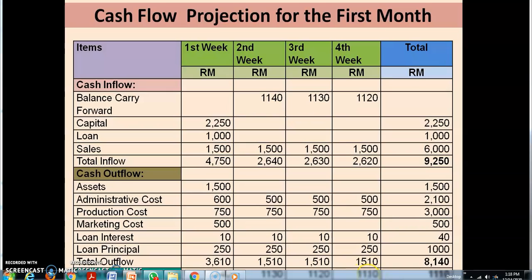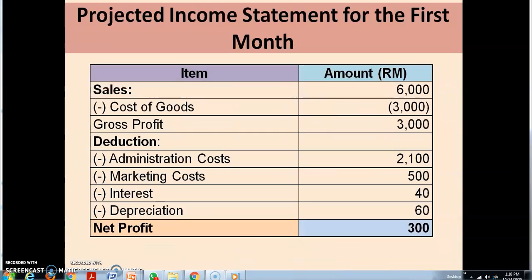So this cash balance you need to carry forward to the next statement, which is the projected income statement for the first month. So here, the sales amount must be deducted by the cost of goods, so you'll get the gross profit. The sales here is 6,000 minus cost of goods 3,000, you'll get gross profit of 3,000.